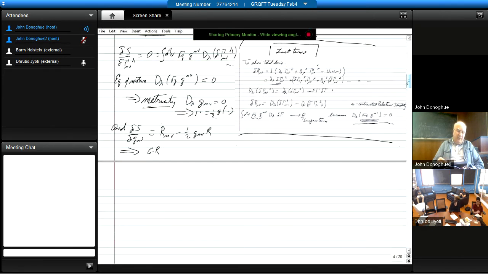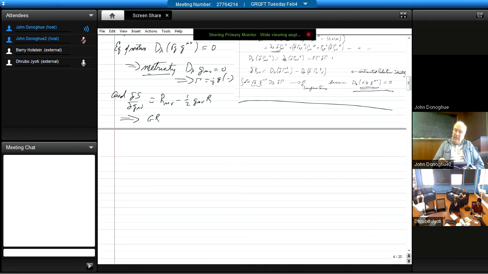Okay, another little piece of catch-up. This I don't use later on, but you might as well see it here, which is the boundary action. Again, it comes from this total derivative piece.